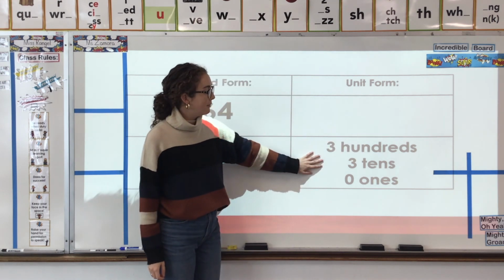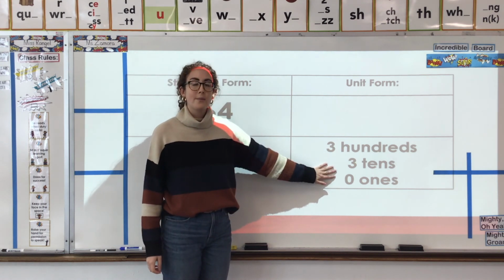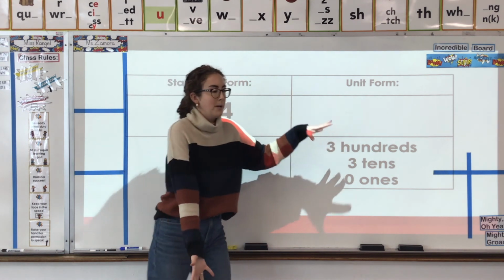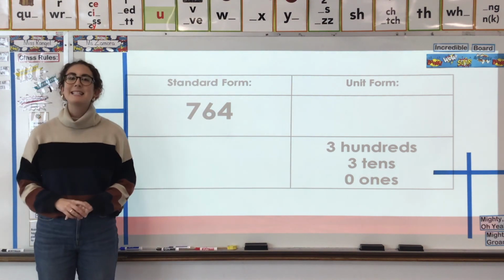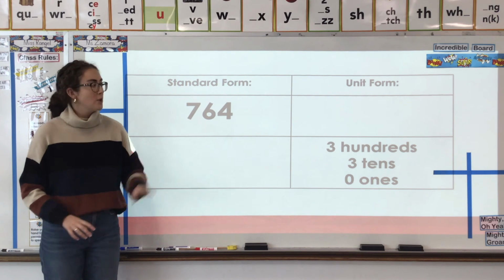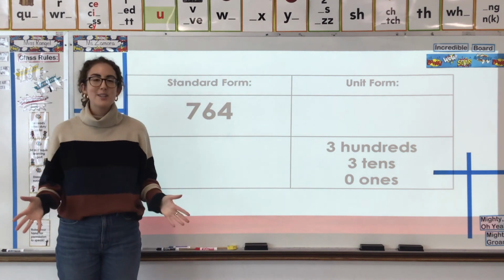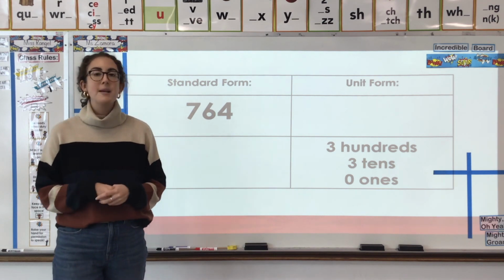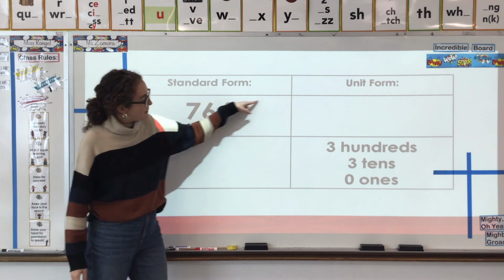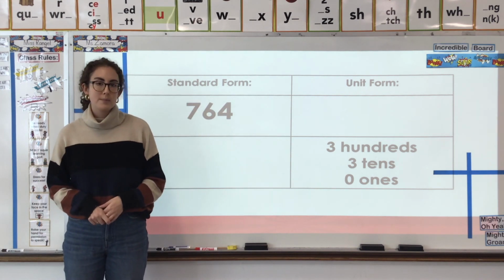You also have 3 hundreds, 1 ten, and 0 ones in unit form, but you have to squish it back together to write this number in standard form. So there's just 4 little boxes, and you need to complete the chart to make it whole. You can write this on your whiteboard, a piece of paper, but all you need to copy down are these 4 boxes and fill in the missing forms.